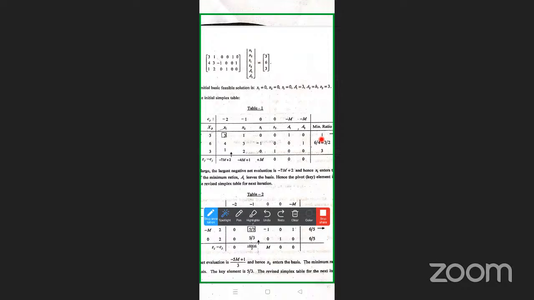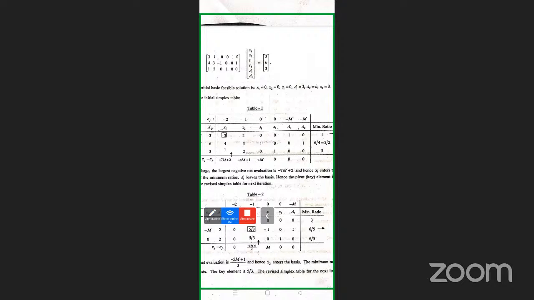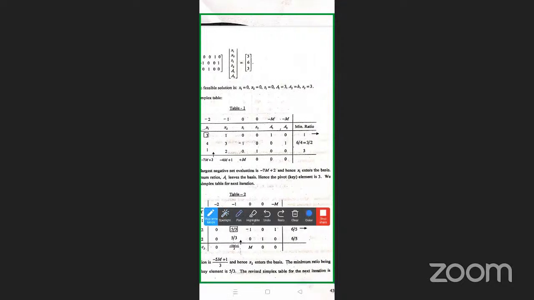Next, 6 divided by 4, 3 by 2. Next, 3 divided by 1, so 3. In these three values, 1, 3 by 2, 3, the minimum value is the first one. So that is 1.